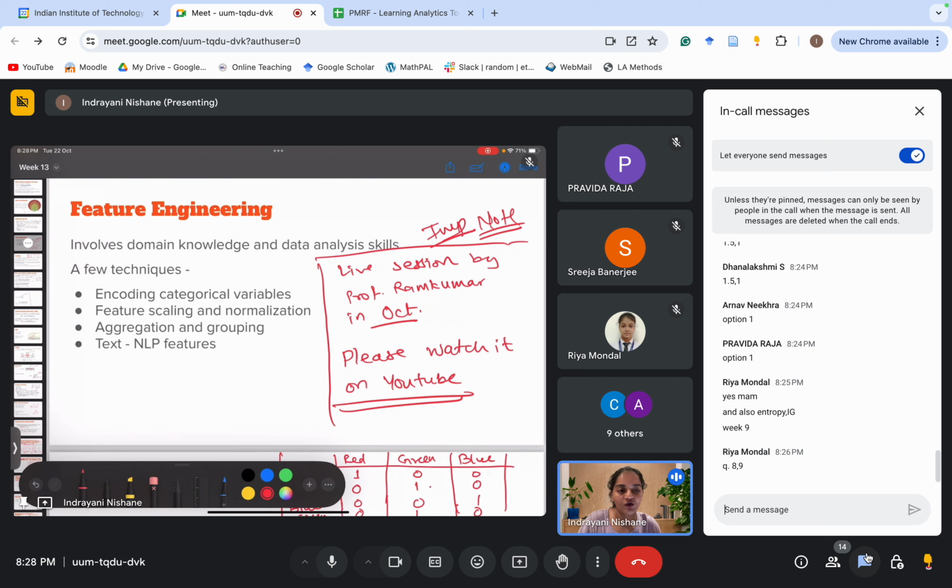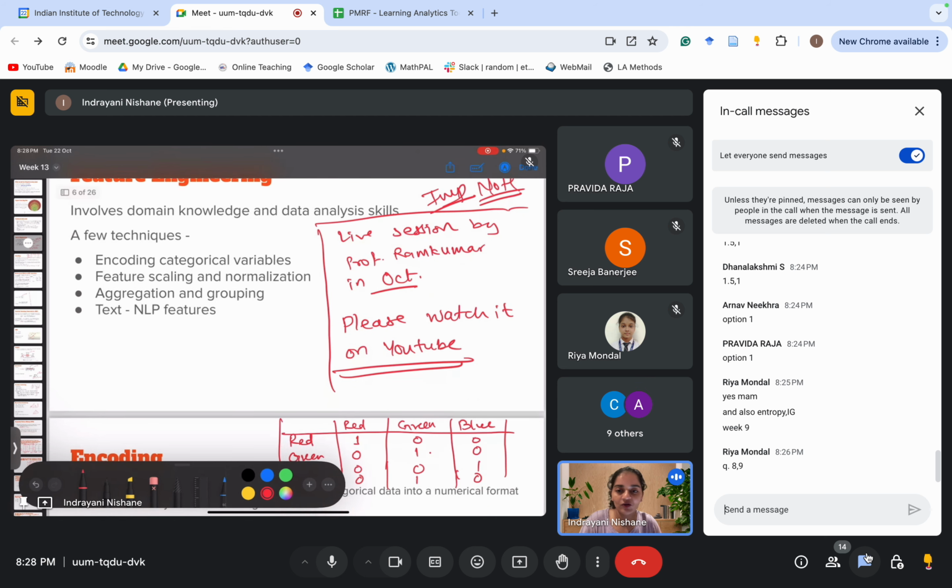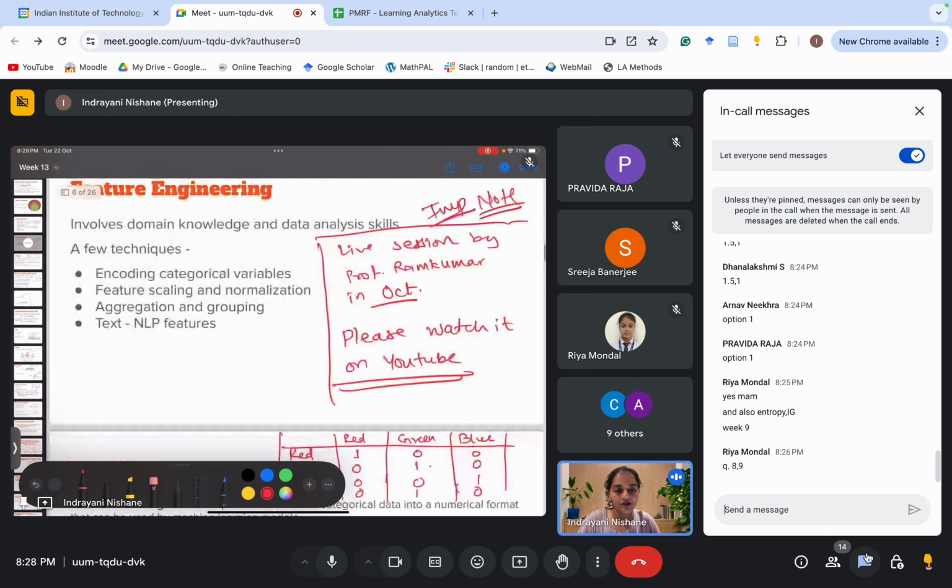So intentionally I did not include entropy and information gain in today's session. It also caused a lot of confusion in that week when we did entropy and information gain, so we avoid asking such questions in the final exam.